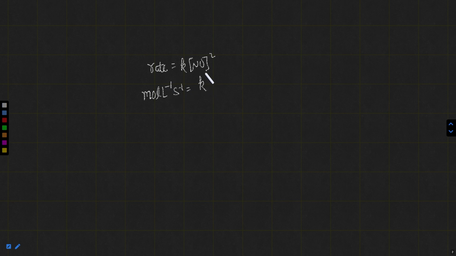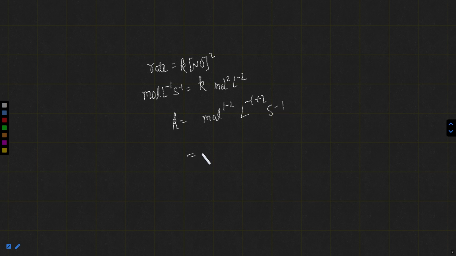For K we have to determine it, and again we have the concentration term which has a power of 2. The concentration term is represented as mole per liter. If you square it, that gives mole square per liter square. Then K will finally be, if you bring this thing here, mole to the power 1 minus 2, liter to the power minus 1 plus 2, and per second.